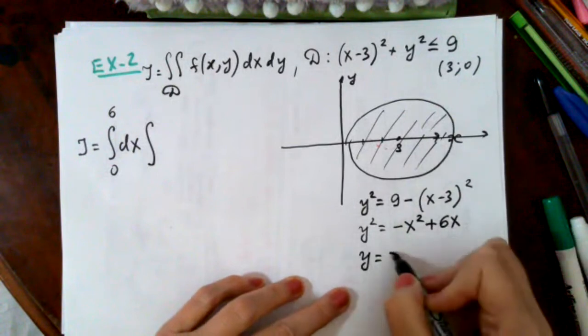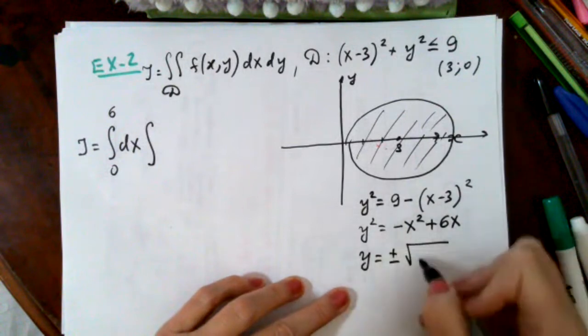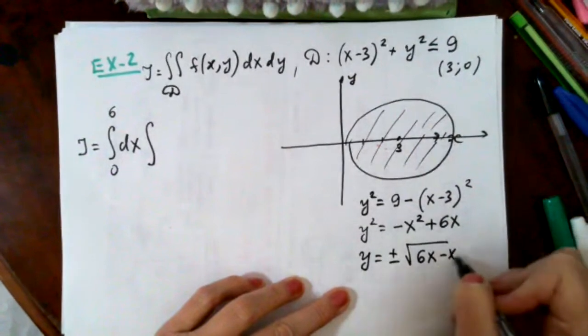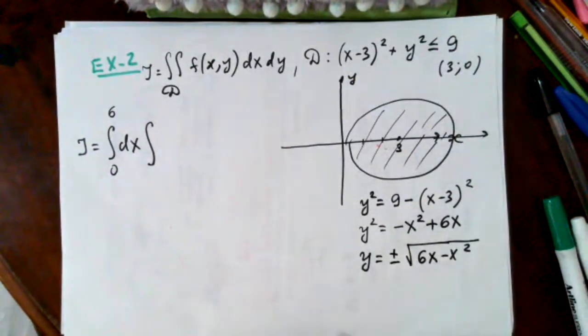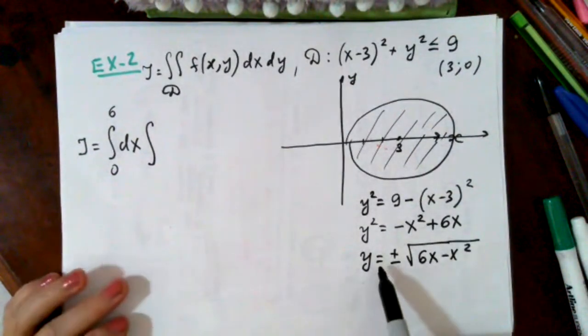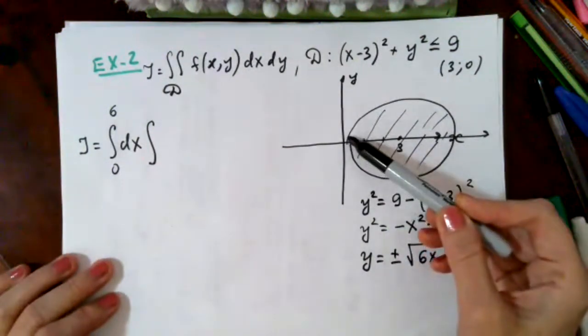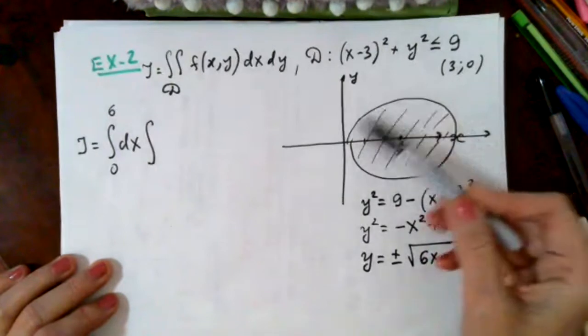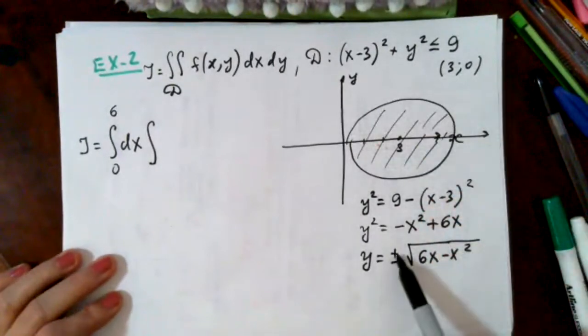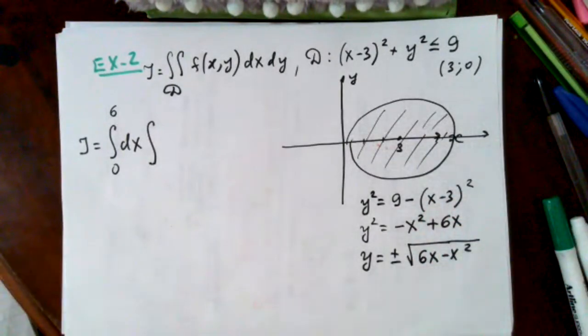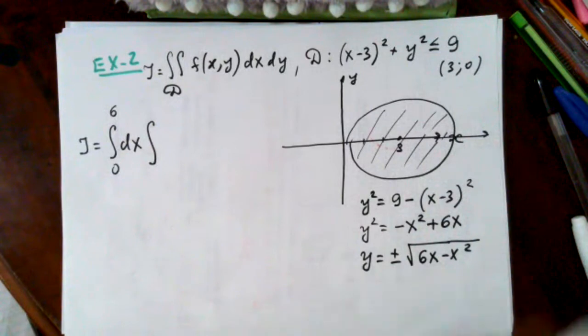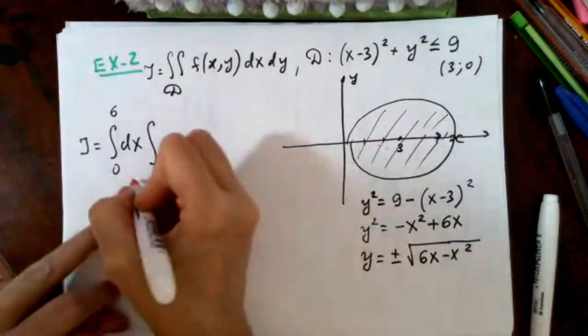And finally, y is equal to plus or minus the square root of (6x − x²). It's better to rewrite this in this form. This expression is very unusual, very scary, I would say. Just like in the previous example, the top half of the circle corresponds to the plus sign, and the bottom half corresponds to the minus sign. So let's use this color coding again.